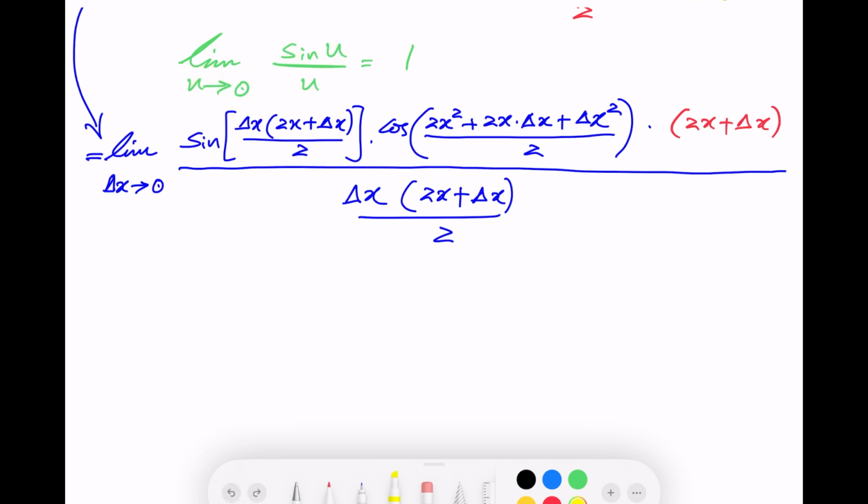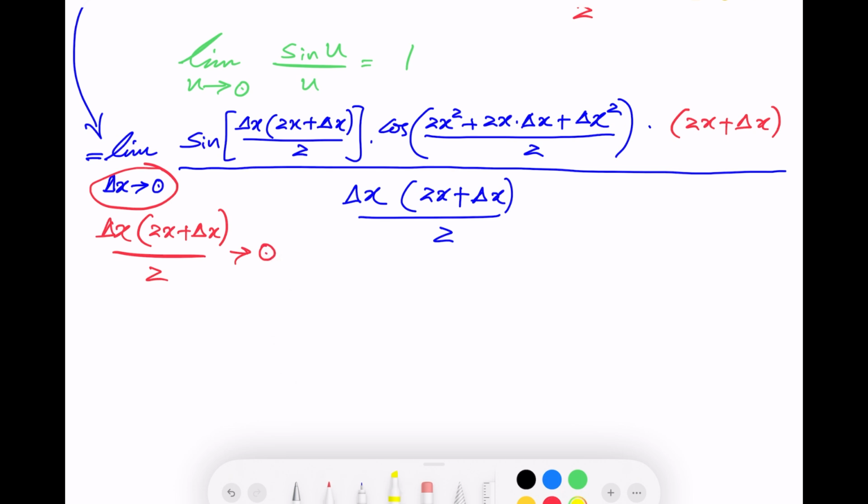We know for this problem, we have delta x approaching 0. If delta x is approaching 0, what can you say about delta x times all of this part? That should also approach 0. Therefore, that part is also now taken care of. We can write down this delta x approaches 0 part implies that delta x times 2x plus delta x over 2 also approaches 0.